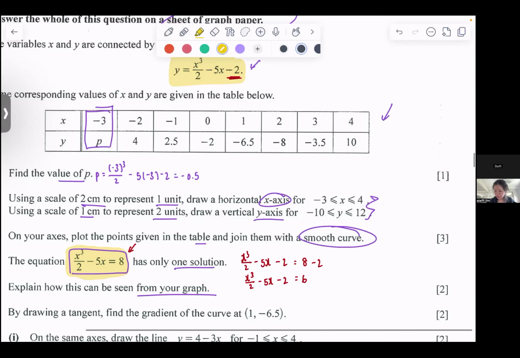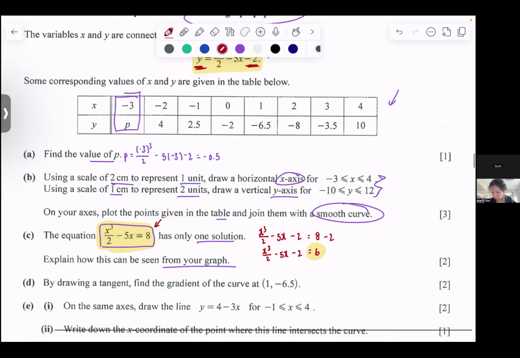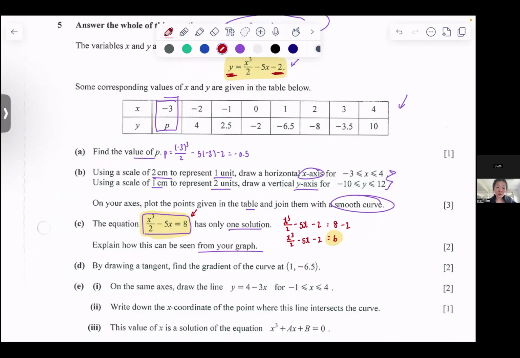And actually, what does this 6 represent? This 6 is actually my y value, right? And if I know that my value of y is 6, I want to find what's my value of x, right? And that is actually my one solution. So how can I use my graph to show this?